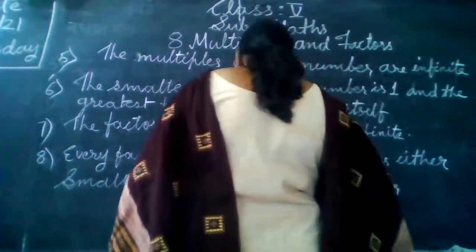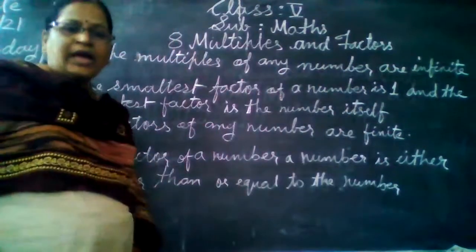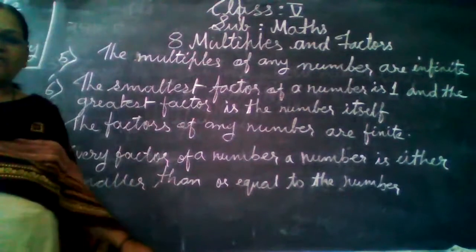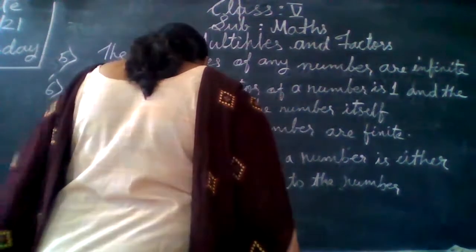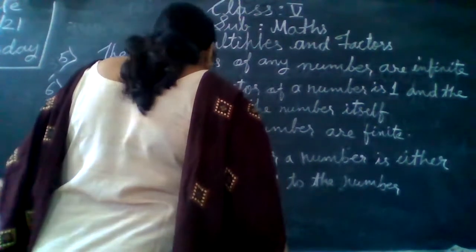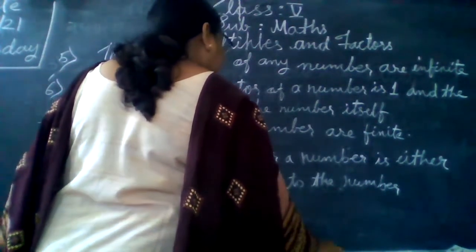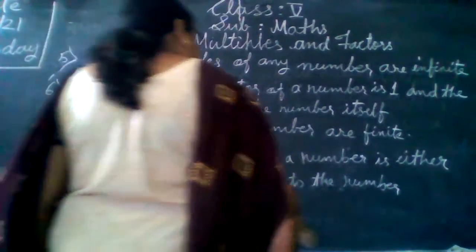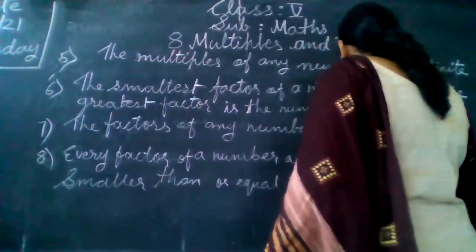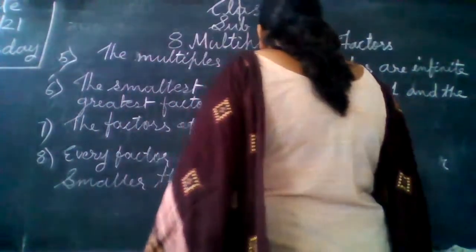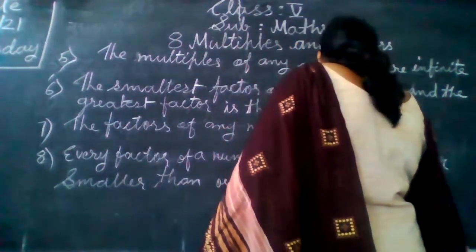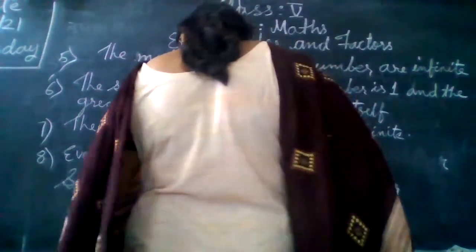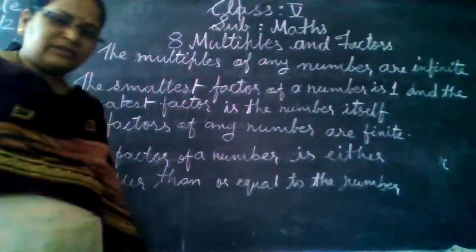Okay. So what is the meaning of this, beta? Every factor of a number is either smaller than or equal to the number.